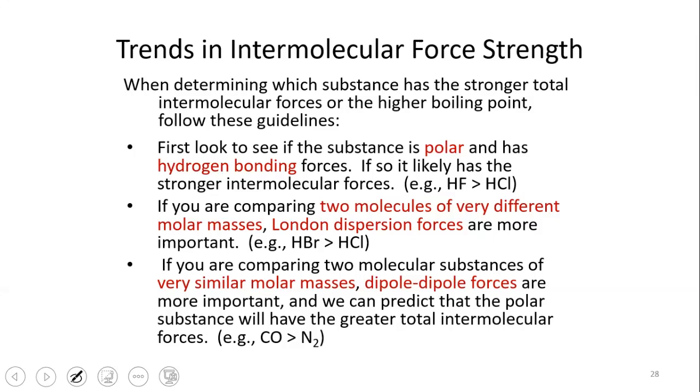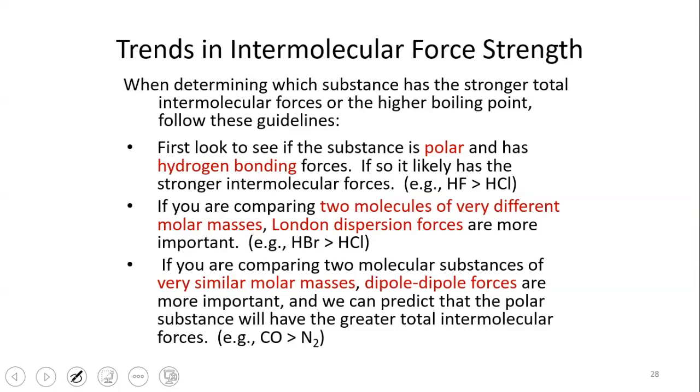The second scenario is when you're comparing two molecules of very different molar mass. Regardless of whether they're polar or not, the London dispersion forces component is more important. So you compare HBr with HCl. The HCl bond should be more polar than the HBr bond, so HCl should have maybe stronger dipole-dipole forces.